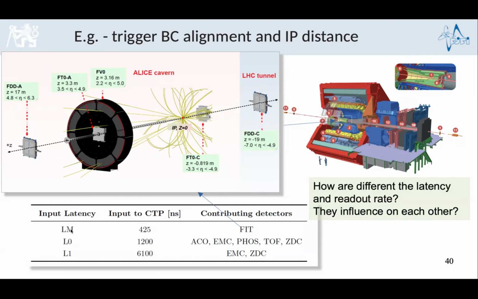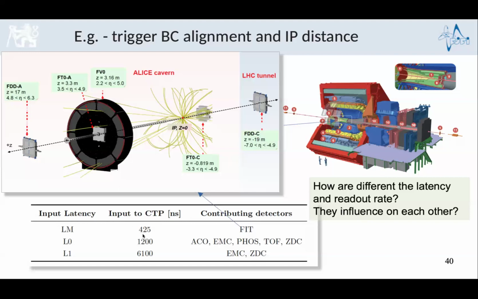The level minus trigger, which is the fastest, is provided by FIT, because this system was designed to cope with this requirement. When this was designed, it took into account the timing of the signals going from the detector to the central trigger processor of ALICE, to take the fastest decision among all the detectors in ALICE, no?